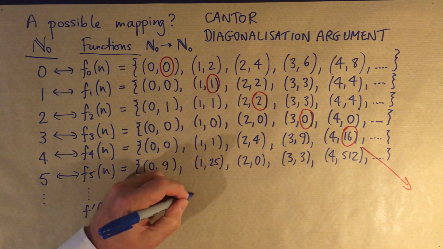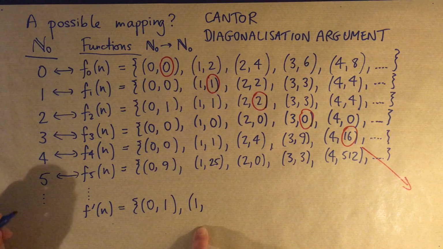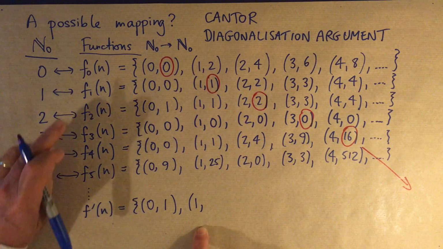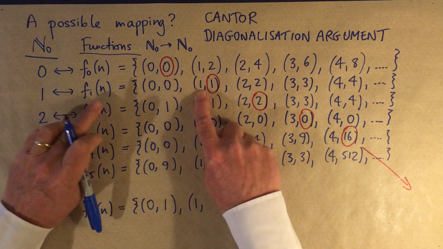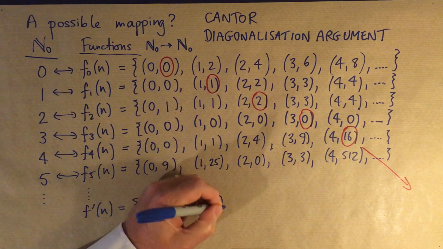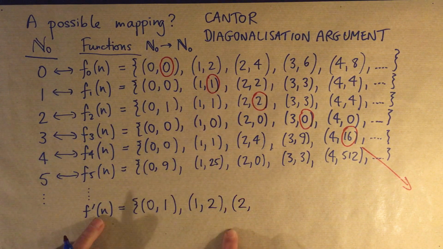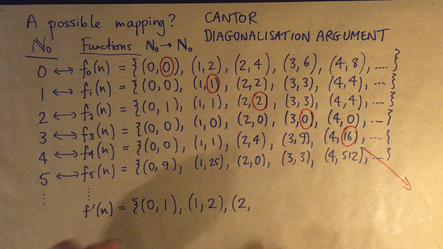Let's look at what f dash has as the output for 1. The way that we do that is we look at the output for 1 from F1 and we add 1 to it. For the output for 2 for F dash, we look at this value and we add 1 to it.